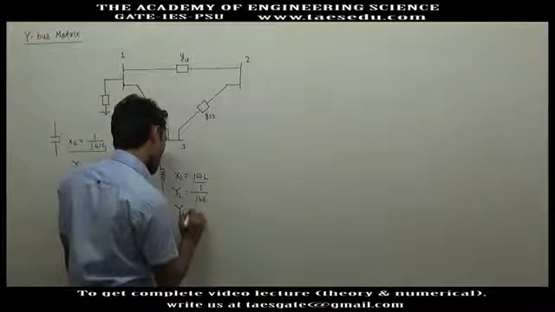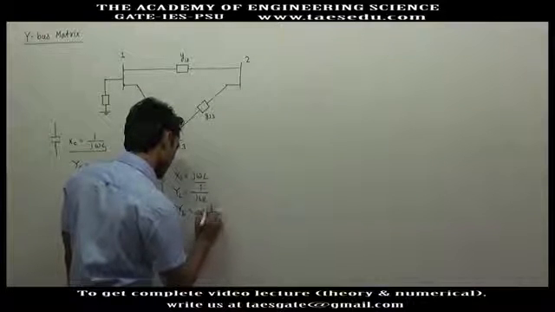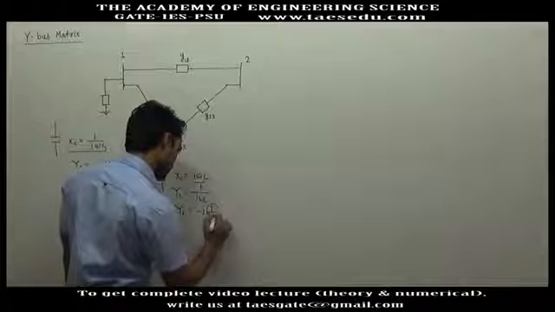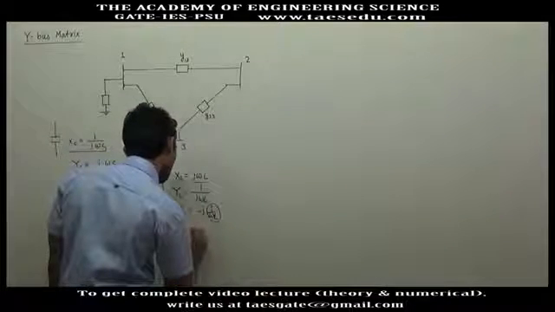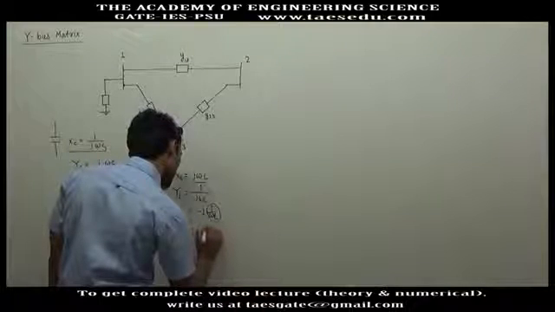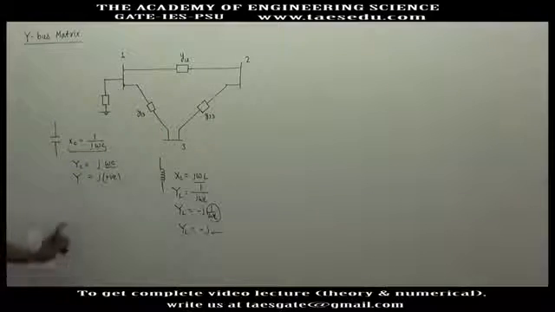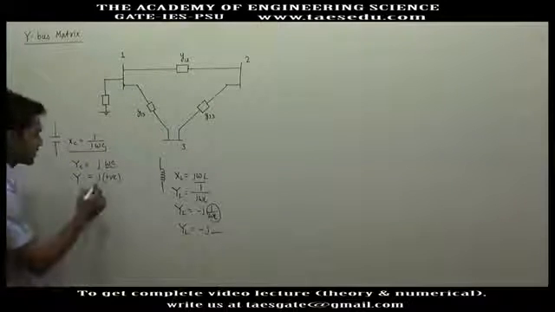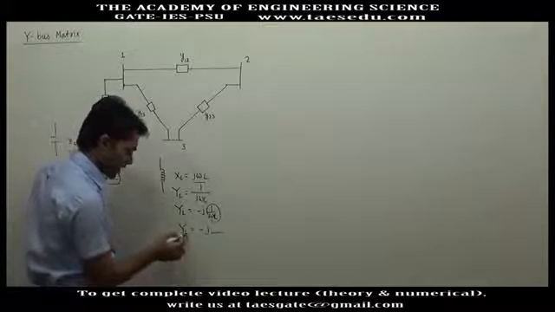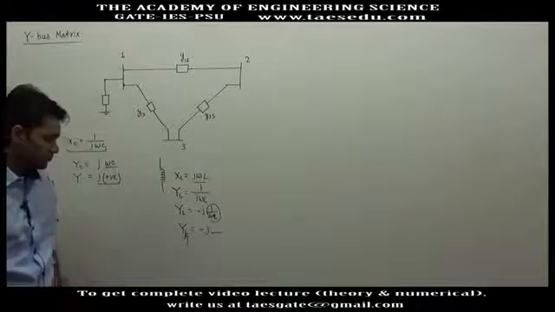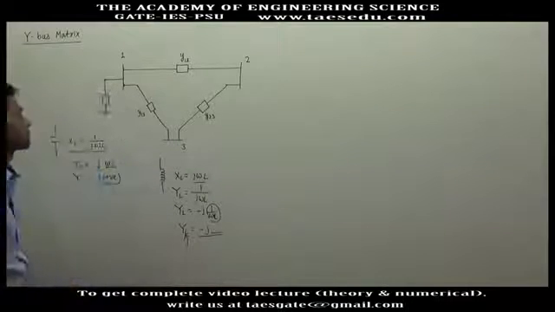So the admittance of an inductor is minus j times 1 upon omega L, where the magnitude is a positive quantity. So capacitive admittance has positive j, and the admittance of an inductor has negative j.